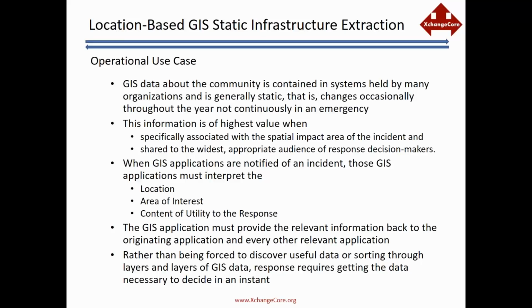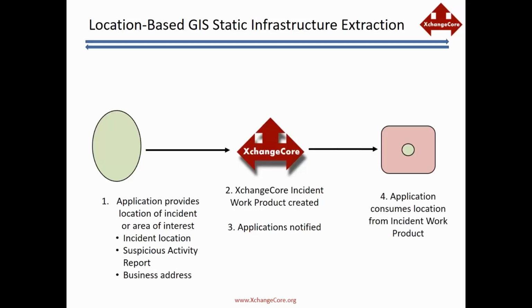The case where we're doing this now looks something like this. We've got an application on the left-hand side, and it provides a location of interest or an area of interest. Now, in particular, we're working with suspicious activity reports. It could be an accident, or it could be a business address where I've got a robbery going on.